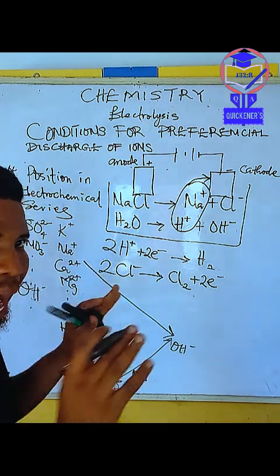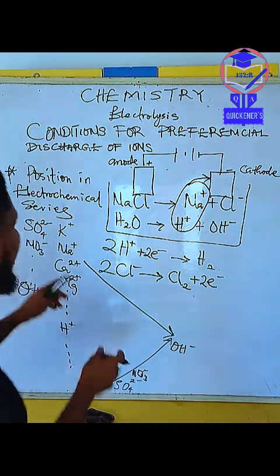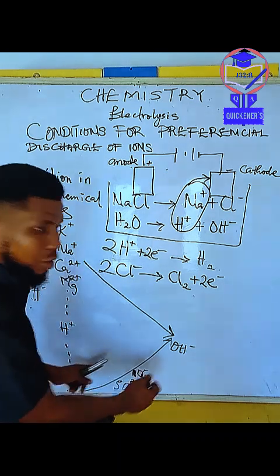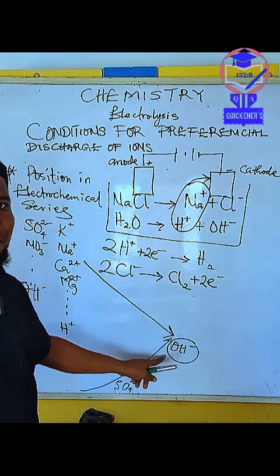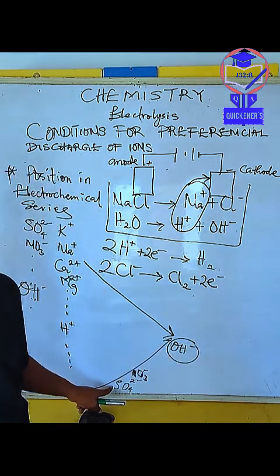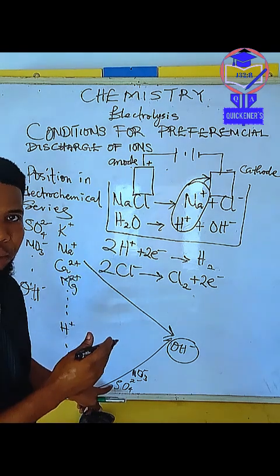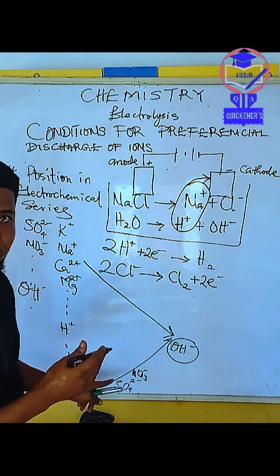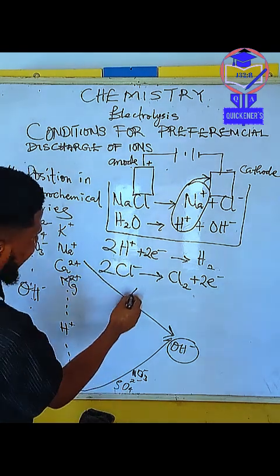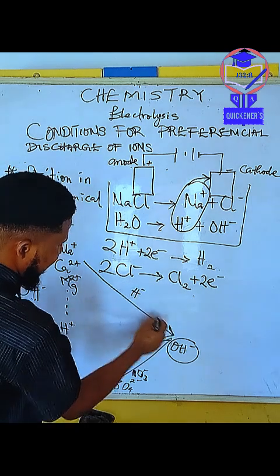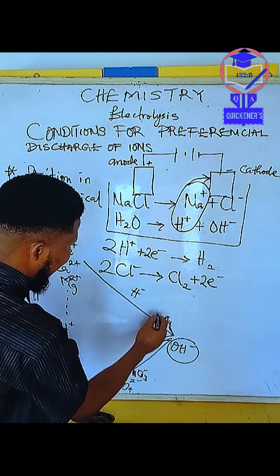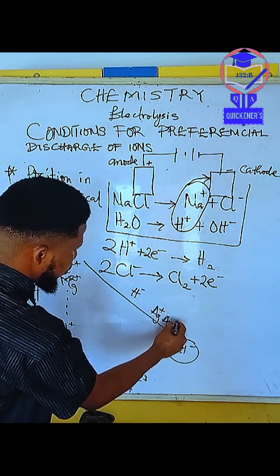I'm doing this just to explain that when it comes to non-metals, the ones above are preferentially discharged over the ones below in that electrochemical series diagram. Do you understand me now? So you have hydrogen there, you have something like gold and silver. Those ones are far below.